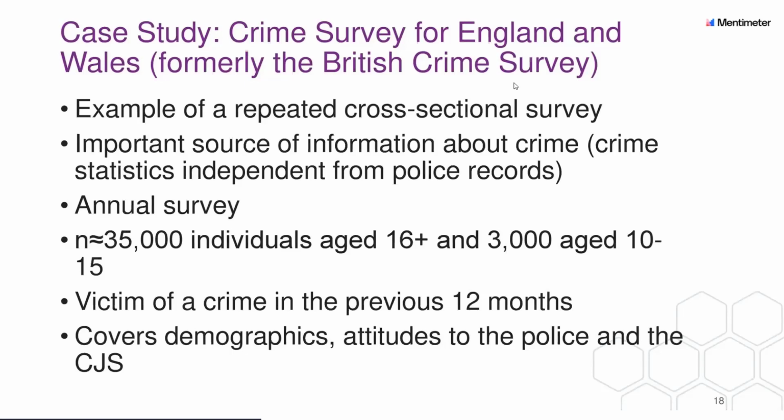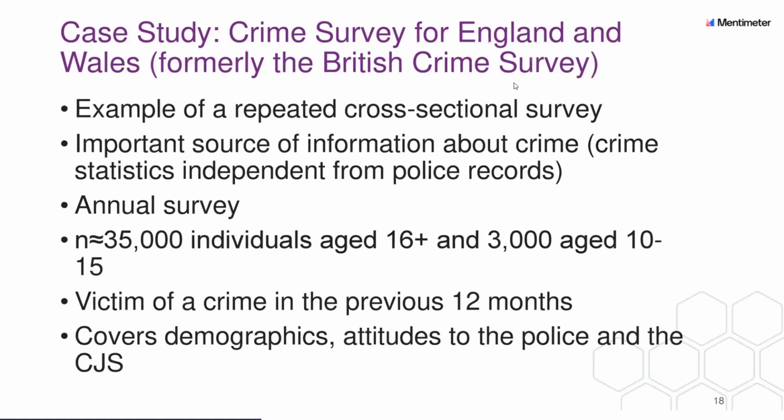So what this does is get at people's experience and attitudes towards crime. It's an annual survey of around 35,000 individuals, with a group of younger people. It looks at those who've been victims of crime in the previous 12 months, so we can see how likely people are to experience crime. It also covers demographics, and attitudes to the police and the criminal justice system.